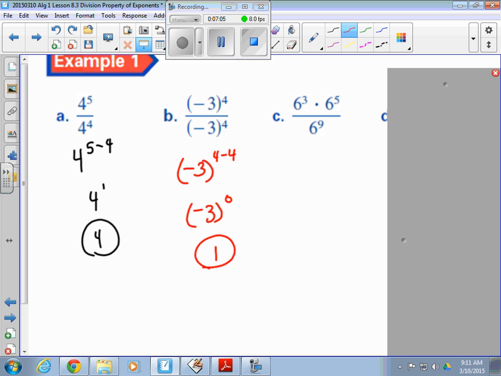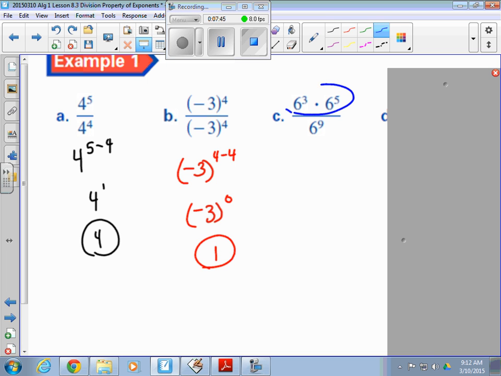This one. Okay, we got 6 to the third times 6 to the fifth divided by 6 to the ninth.